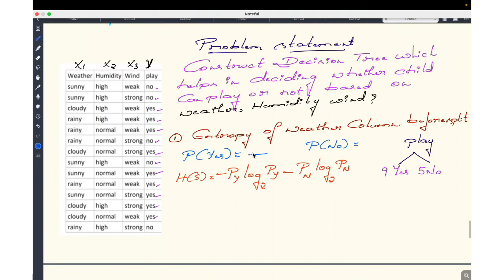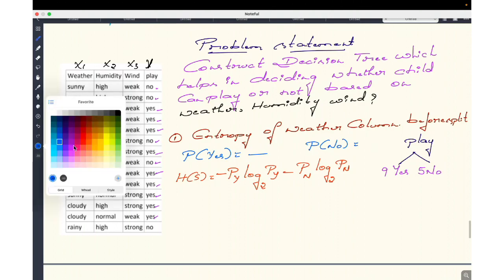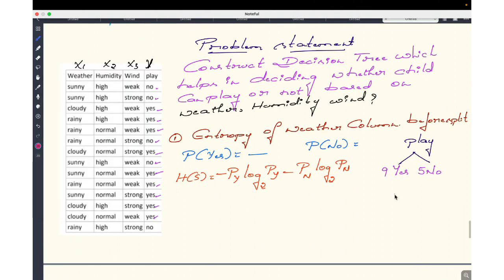Total possibilities, total events happening here: overall, how many events are happening? 14, right? There are 14 chances. Out of 14 chances, what is the probability of yes? 9 by 14.